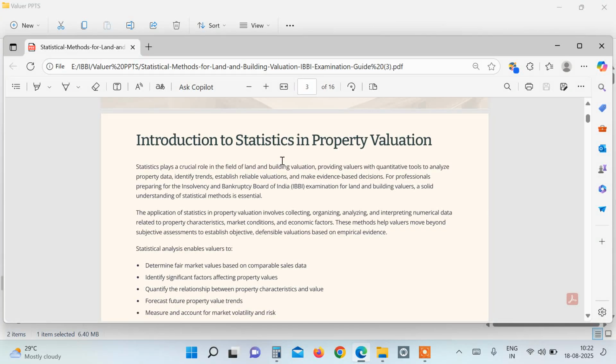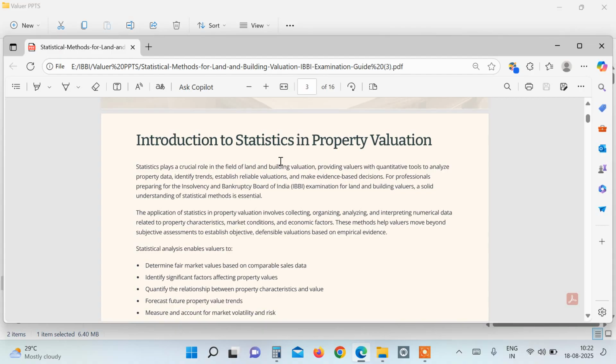This will not only be helpful for working professionals, it will also help those who are preparing for the Insolvency and Bankruptcy Board of India examination for land and building valuers. A solid understanding of statistical methods is very essential for a successful valuer.